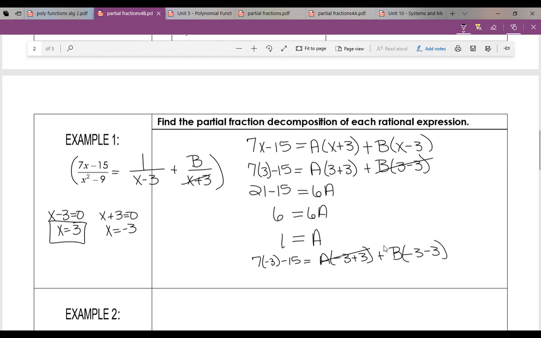So this time the a value drops out because negative 3 plus 3 is 0. I end up with negative 21 minus 15 equals b times negative 6. Negative 21 minus 15 is negative 36, equals negative 6b. So b is equal to 6.